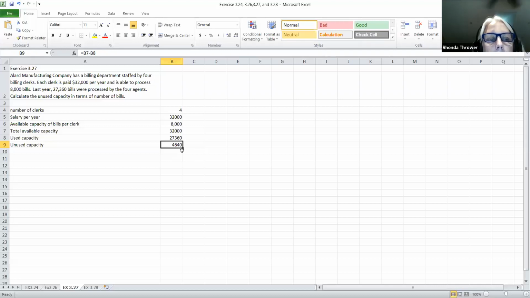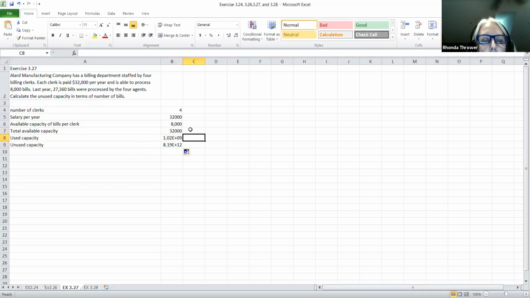And so they did not meet their goal for whatever reason. This is unused capacity. So the total available capacity is the total amount that you have available that you should have been able to achieve for a whole year.